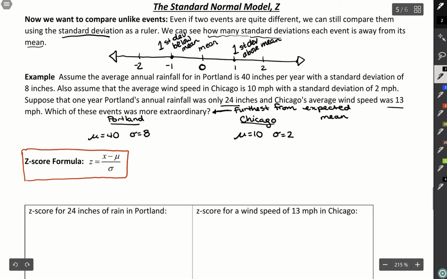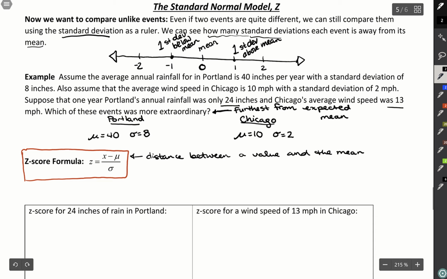We calculate this number z, and we take this value x, which is some data value, minus the mean. So in the numerator here we're creating this distance between a value and the mean. And you'll notice it technically isn't a distance because we're going to have positive and negative coming out.